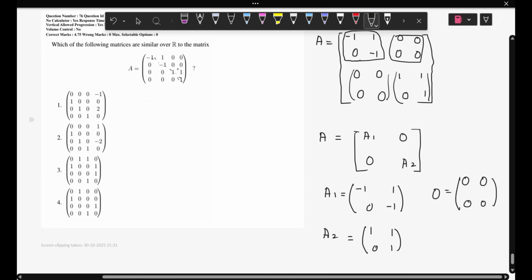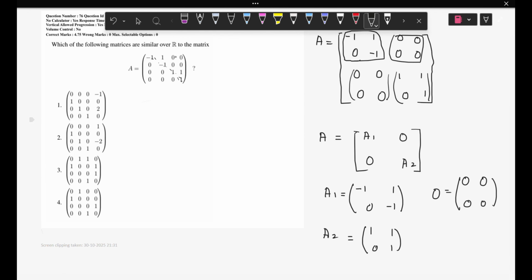Now, as you can see, A is a triangular matrix. Can you see that A is a triangular matrix? So now we know that in a triangular matrix, the characteristic values or eigenvalues are the elements of the diagonal. So the characteristic values of A are minus 1, minus 1, 1, 1.